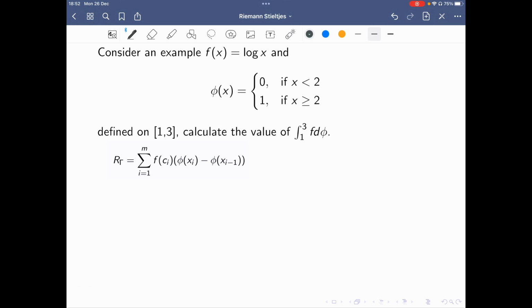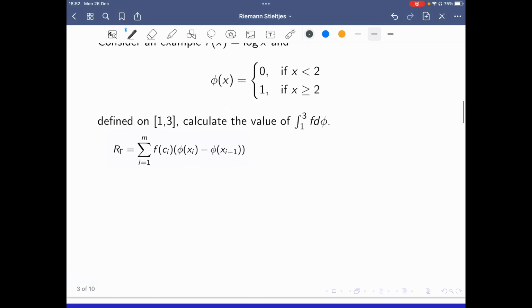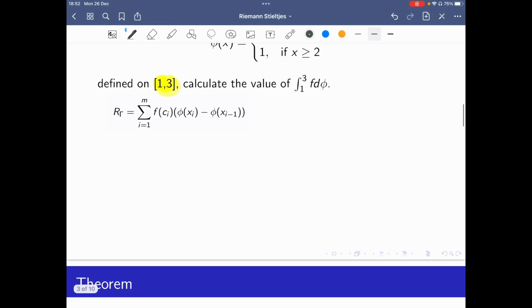First of all, we already have two functions, so we have to define a partition. This partition is going to be from 1 to 3, so in this case a is equal to 1 and b is equal to 3. So from 1 to 3, we define a partition. Consider a partition.